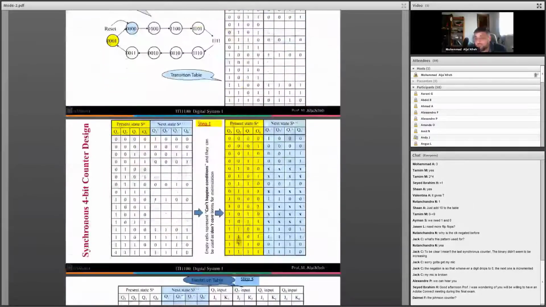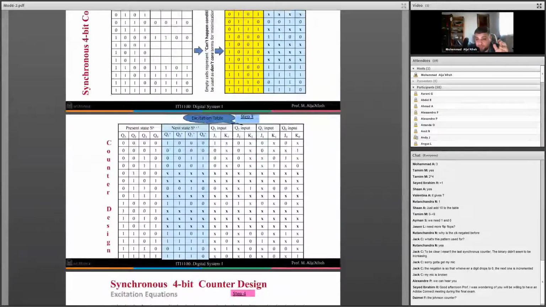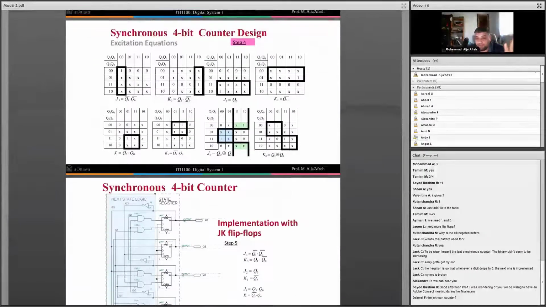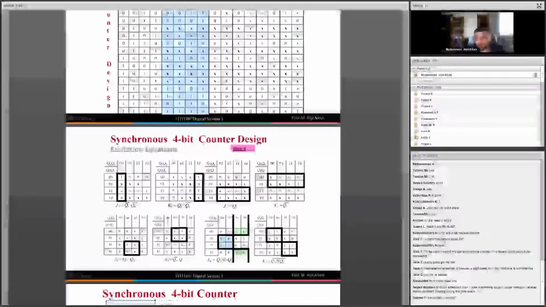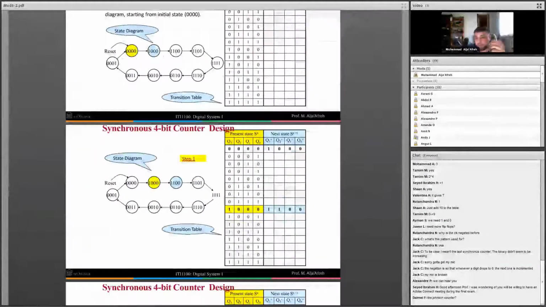After that, you need to get the input equation for each flip-flop. Once you have them, you have 4 JK flip-flops. Connect them properly, and this synchronous 4-bit circuit will be a 4-bit counter that will produce the state diagram given in the example here. Is that clear? Yep. Good.